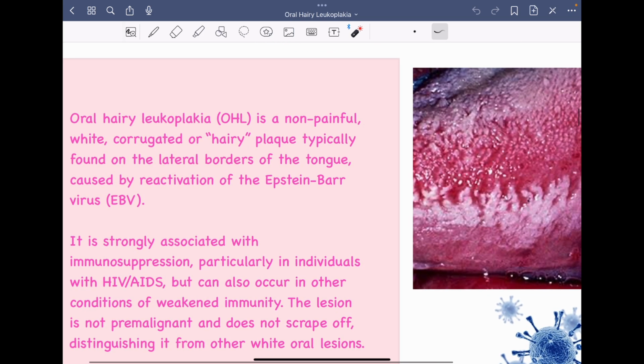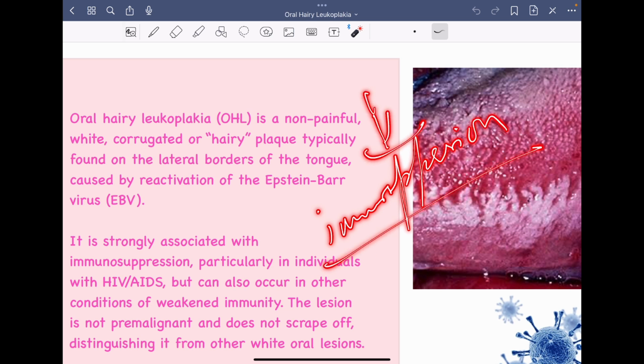And it is found typically over the lateral borders of the tongue, and it is caused by reactivation of Epstein-Barr virus. So it might be possible that previously the person was infected with such a virus, and then because of the marked immunosuppression, it again triggers that virus, and this causes our OHL.